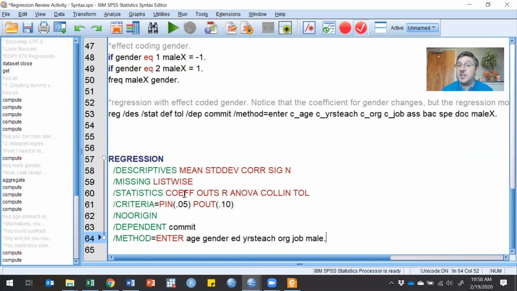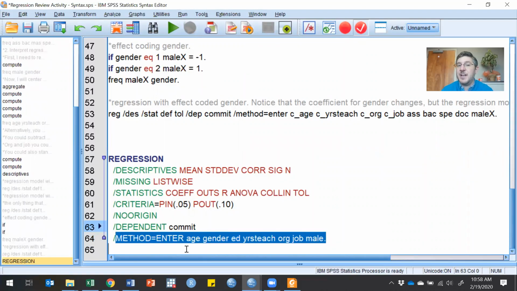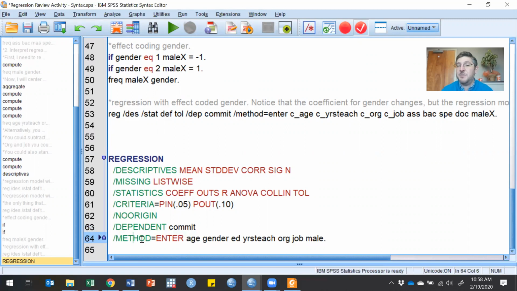We ask for coefficient estimates, the multiple correlation, an ANOVA table, and collinearity diagnostics. You put your dependent variable on the dependent subcommand, and then the variables you're entering go on a method command. So it'd be method equals enter, and we want to enter these variables.